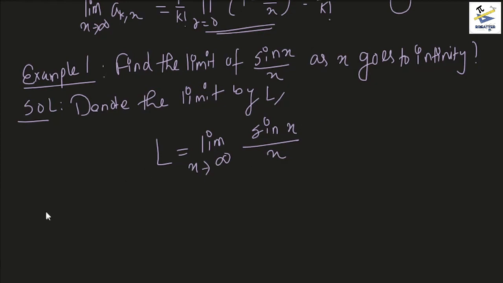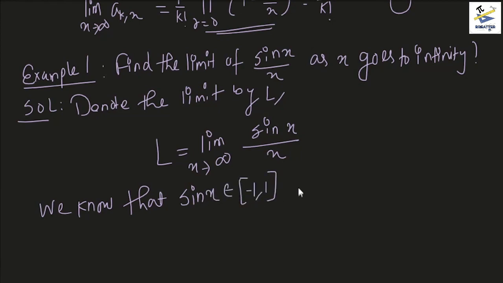No, it doesn't, because we know that sin x for every real value of x lies in the closed interval -1 to 1, for all x belonging to the reals, right? So this is a property of sin x, that sin x is bounded.